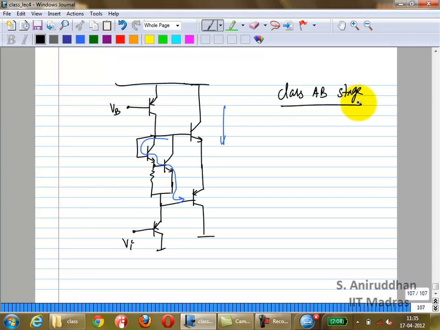For very small signals, you always have a bias current flowing through these 2 transistors. So during the negative half of the cycle, suppose I call this Q1 and Q2, Q2 will be delivering all the power. But Q1 will still have a very, very small bias current, just to make sure it's on. Similarly, during the positive half of the cycle, Q1 will be delivering all the power. Q2 will have a small bias current. It won't be delivering a lot of power. It's very negligible.